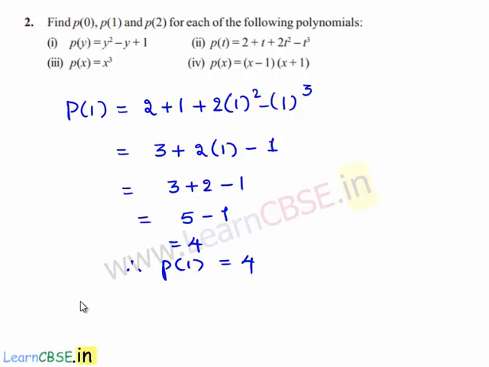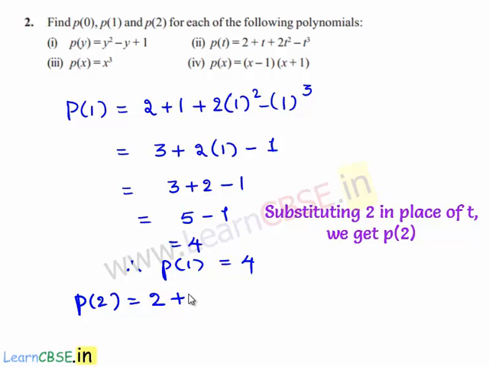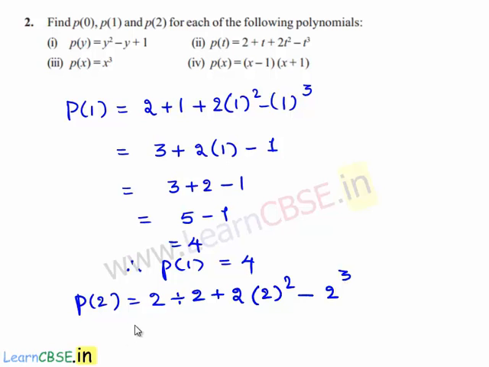And next one is P of 2, which is 2 plus 2 plus 2 times of 2 square minus 2 cube. This is equal to 2 plus 2 is 4 plus 2 times of 2 square is also 4 minus 2 cube is 8.